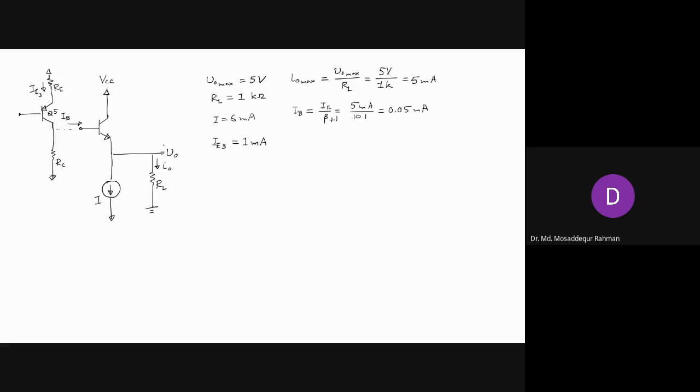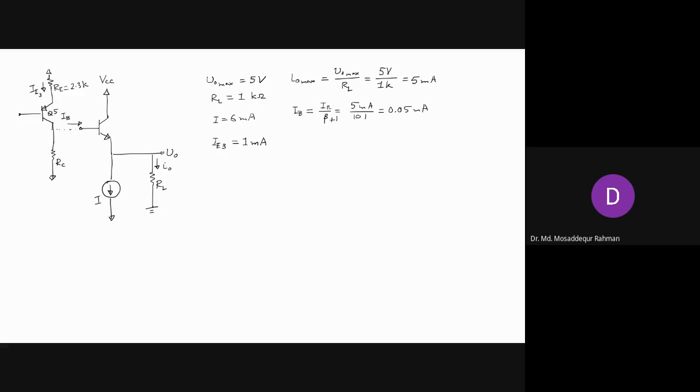You can assume other values, then you have to reduce IE. If you want to design IE3 for some other value, in that case, we took RE as 2.3, which gave us IE of about 1 milli. If you reduce this resistance to half its value, then you will get 2 milliampere. You can change the value of this current by changing the value of resistance.